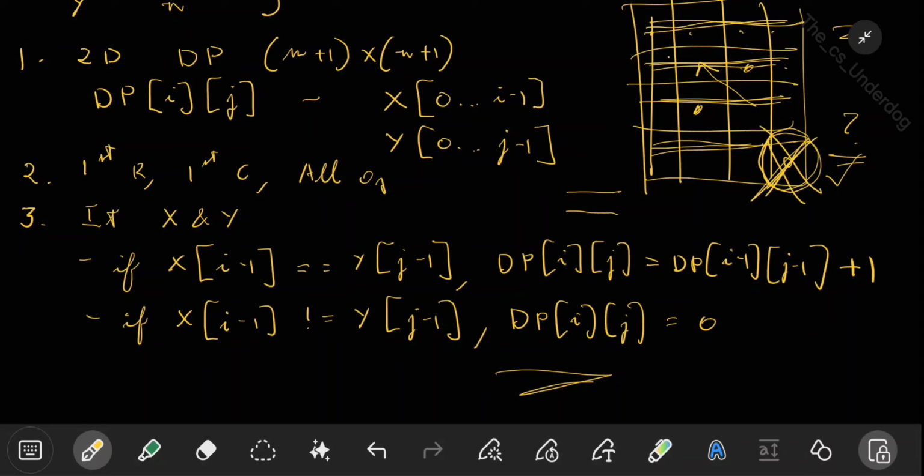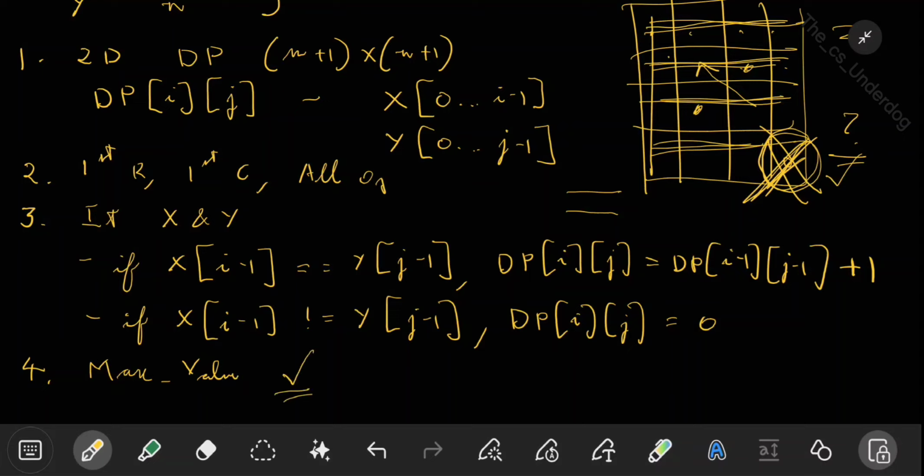So keep this in mind in case of longest common substring. So what is your last step? The final step is, you have to keep track of all the entries in the table, and whichever is the maximum value in the table, that is the value of your longest common substring.